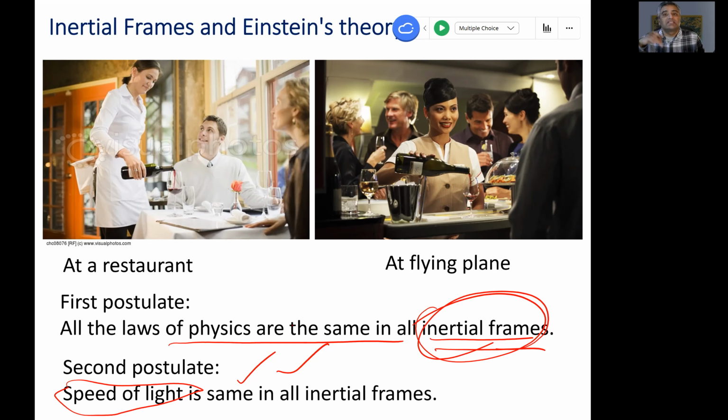Speeds add up, we know that. But here it's saying that when objects are moving relatively fast, especially if it is light, that is not true.